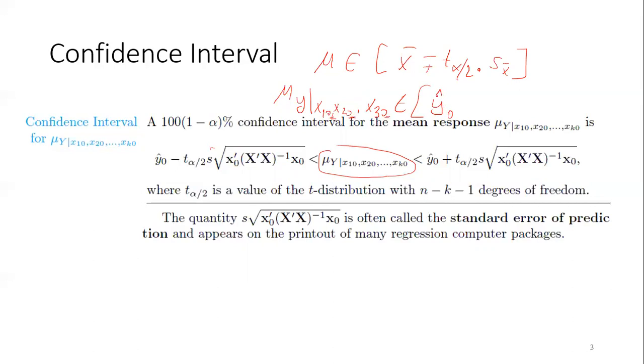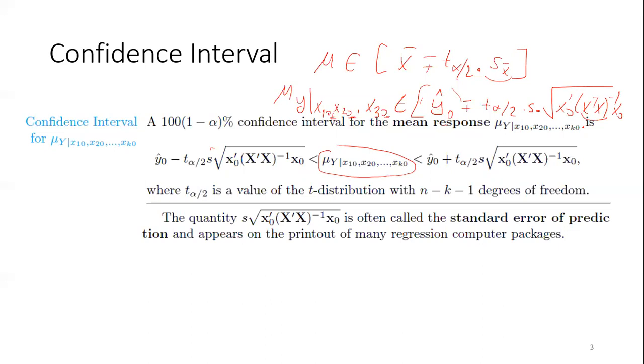So this is y0 hat, plus or minus again t alpha over 2 times the standard error of y0 hat, which is s times the square root of x0 transpose (x transpose x) inverse x0. What is x?